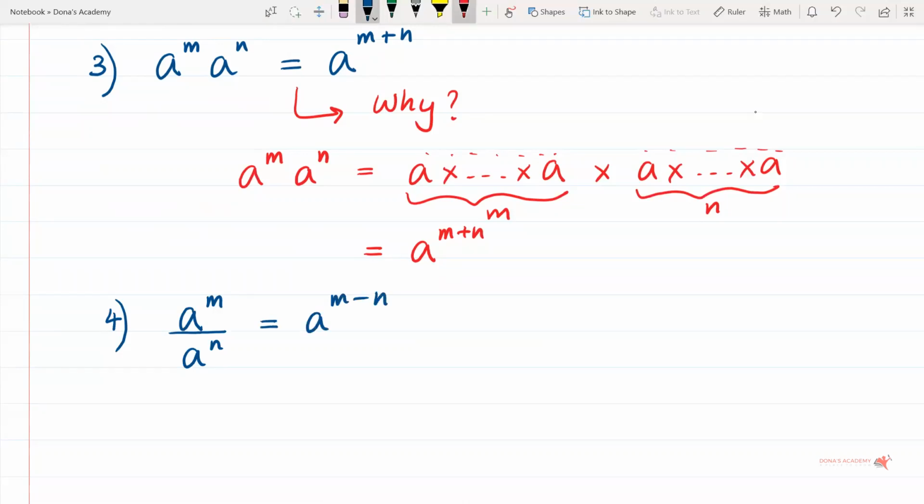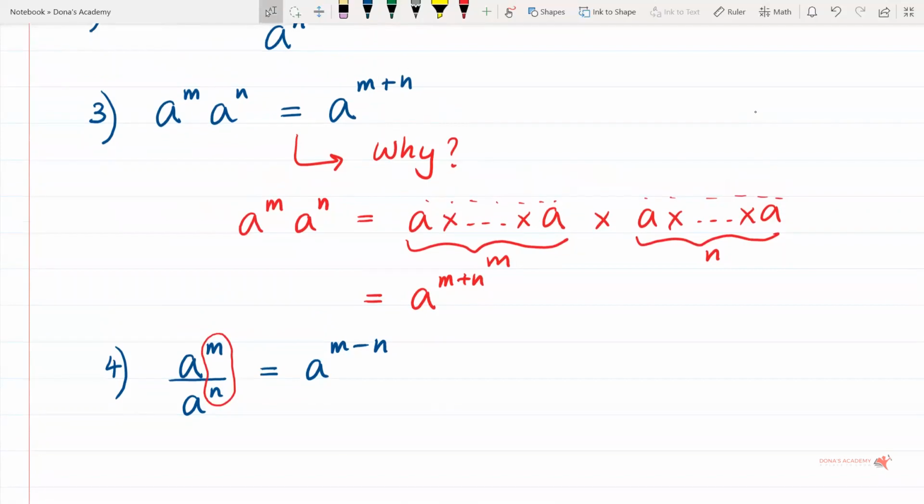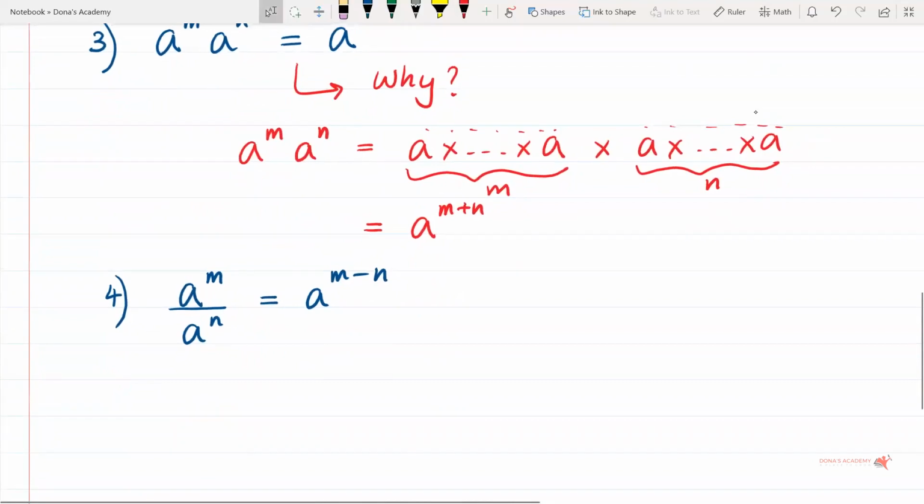We have to subtract these two powers if we see the same base. Here I added, here I subtract. So if it is multiplication, you have to add the powers. If it is division, you have to subtract the powers. Now again, let's see why.